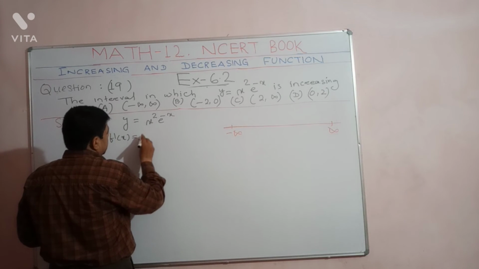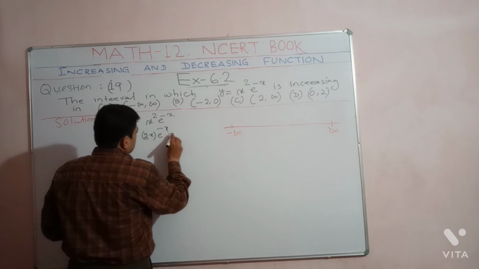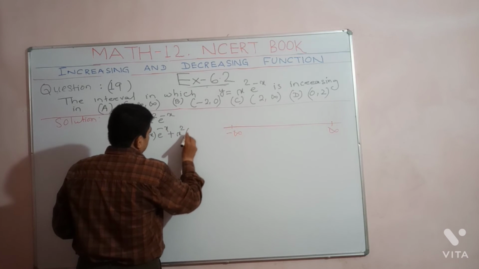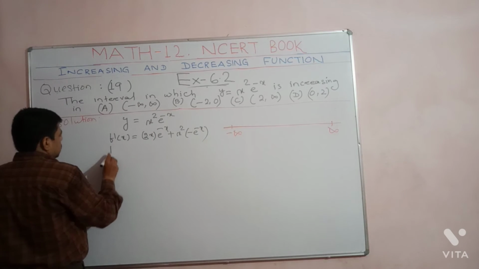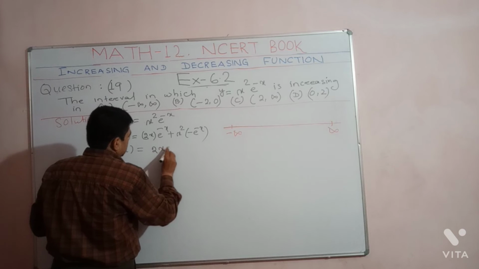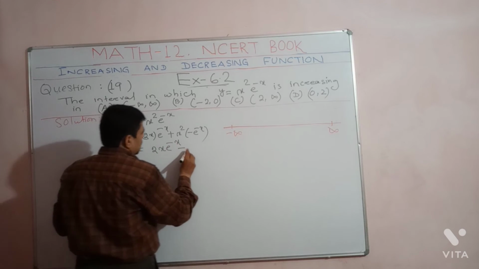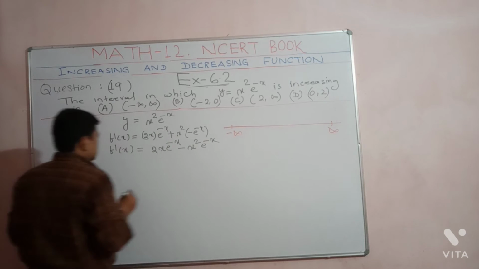The derivative of x^2 is 2x, into e^(-x), plus x^2 into the derivative of e^(-x), which is minus e^(-x). So f'(x) is 2x e^(-x) minus x^2 e^(-x). Understand?